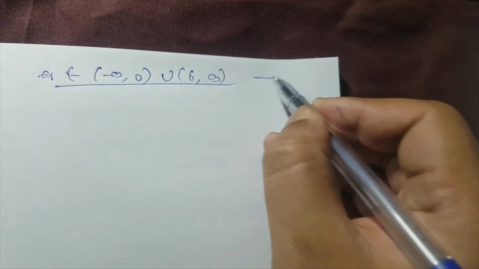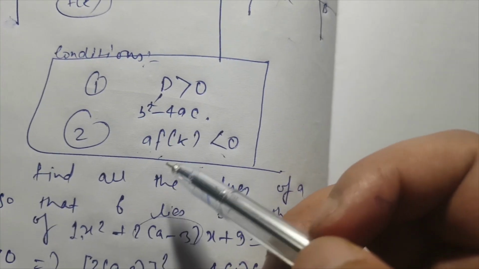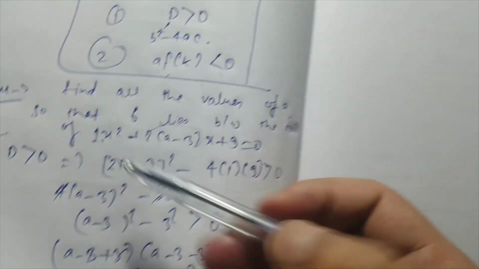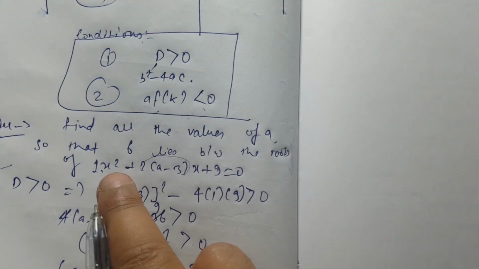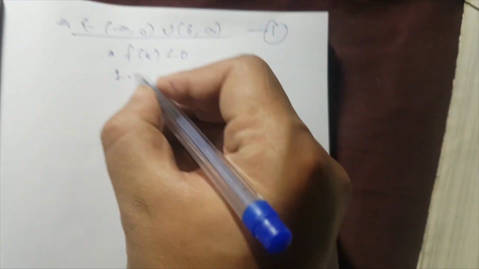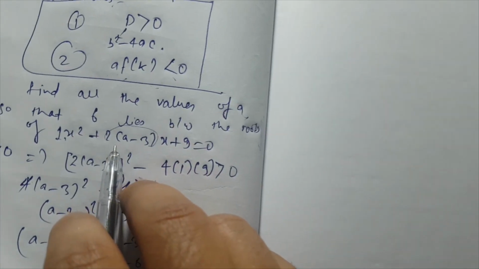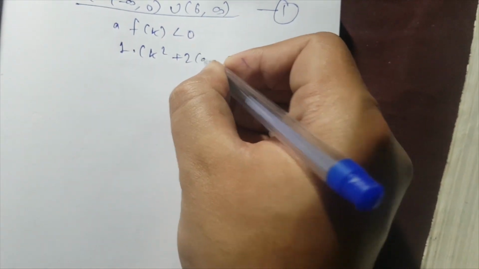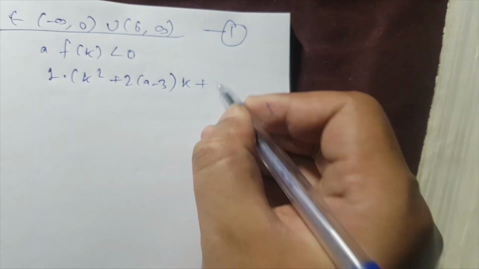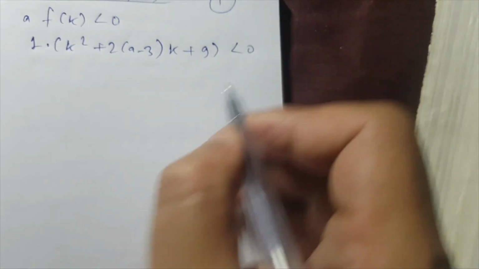Now let's leave it like that, and now we will apply our second condition, which is a times f(k) less than 0. Our a is, you can see from here, 1 times f(k). This is our f(x), we will put k here, so k squared plus (2a minus 3) into k plus 9, less than 0.